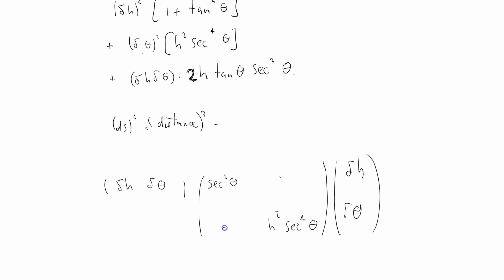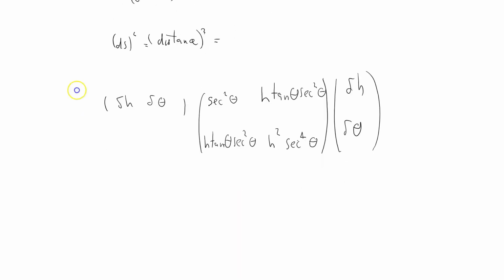I don't absolutely have to do that, but it's conventional to require that your metric tensor is symmetric. We've got 2 terms, so that's cool. H tan theta sec squared theta, and here's the same thing, tan theta sec squared theta.